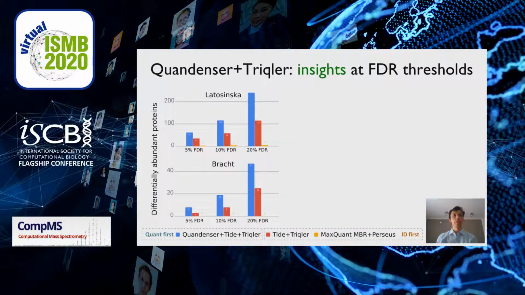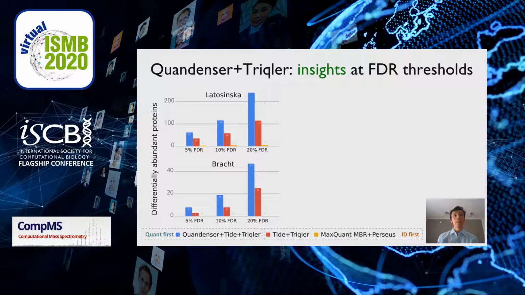So we saw similar trends when we investigated our clinical datasets. And here we compare 1 quantification first method in blue with 2 identification first approaches. And we could see that Condenser combined with our Bayesian protein quantification with Triqler could find much more differentially abundant proteins than both identification first approaches.